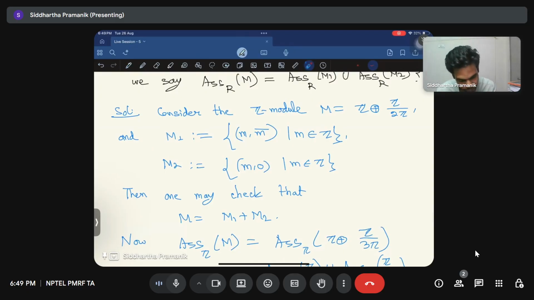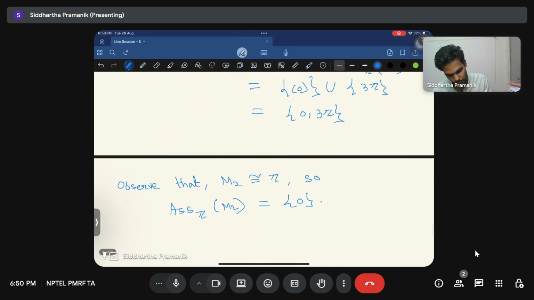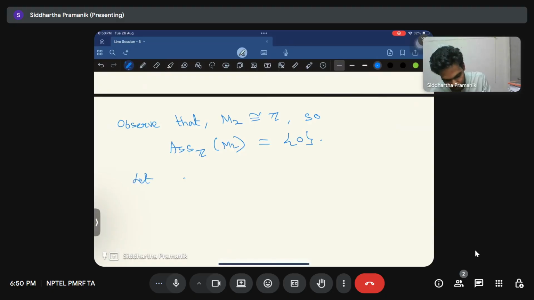So we will find it by definition. We need to check the annihilators of non-zero elements of M1. Now let 0 not equal (m, m bar) belonging to M1. Then what can we say about the annihilator of this element over Z? Which elements of Z will annihilate it?